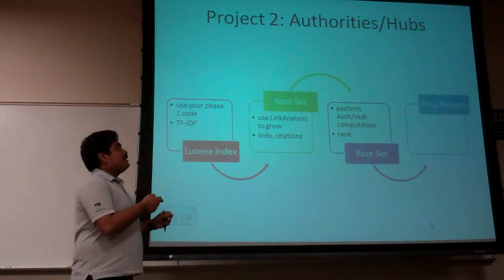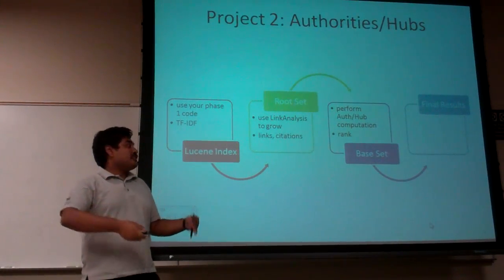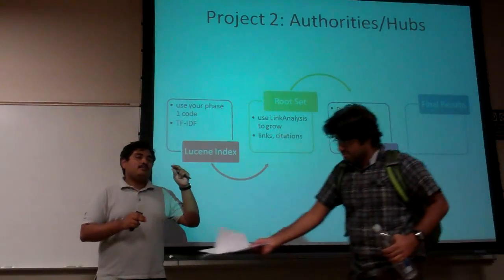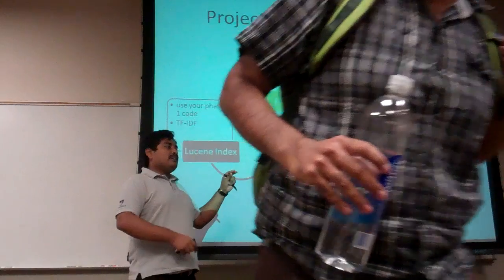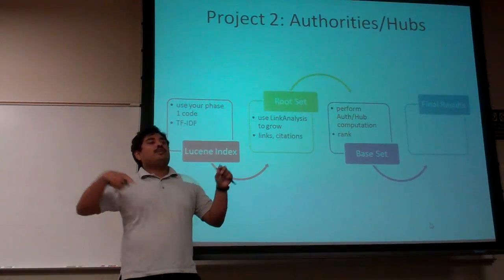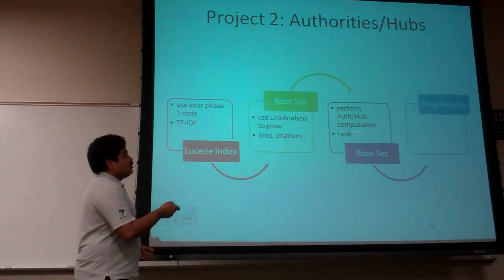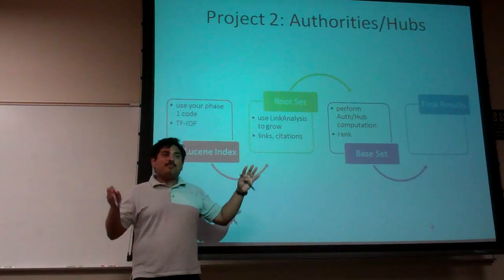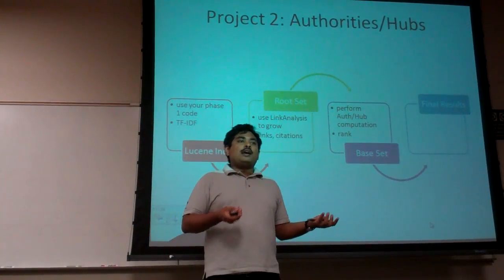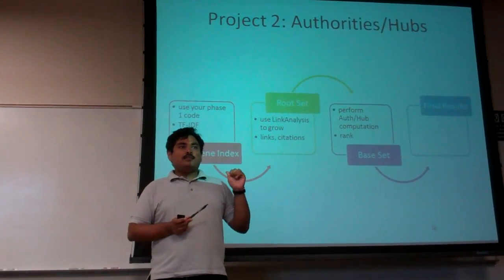You take that root set and you use this linkanalysis.java file to grow it into a set of pages called the base set. Alright? So for every document that is in your root set, you look at all the documents that point to it and all the documents that it points to. And that entire group of documents becomes your base set. On this base set of pages, you perform the authorities and hubs computation, and that will give you your final results. Is that clear?